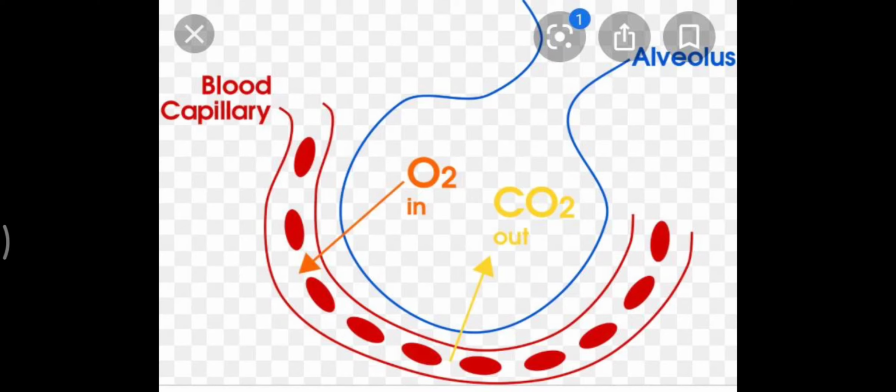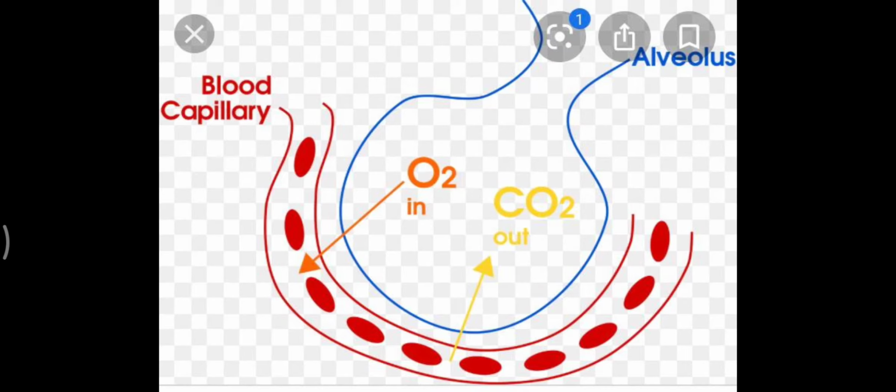Now there is one concept of partial pressure, which is a new concept that you need to understand for the exchange of gases. Partial pressure is the pressure contributed by an individual gas in a mixture of gases, right?